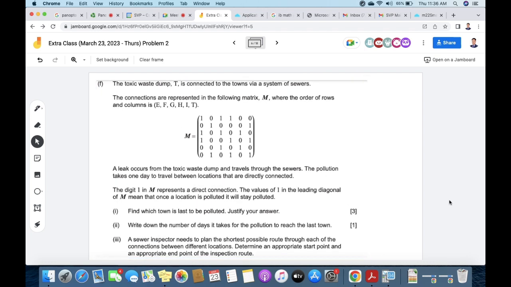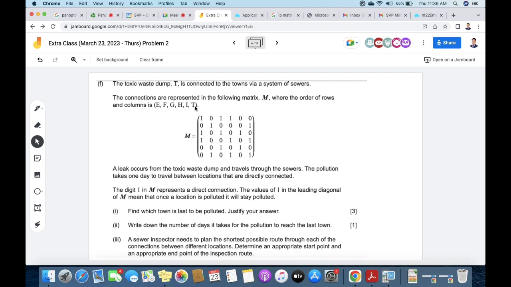Okay? I'll give you 3 minutes to understand what this means. What is the 1? What's the meaning of 0? By the way, these matrices correspond to the different towns and the location of the toxic dam. So T is the toxic dam.